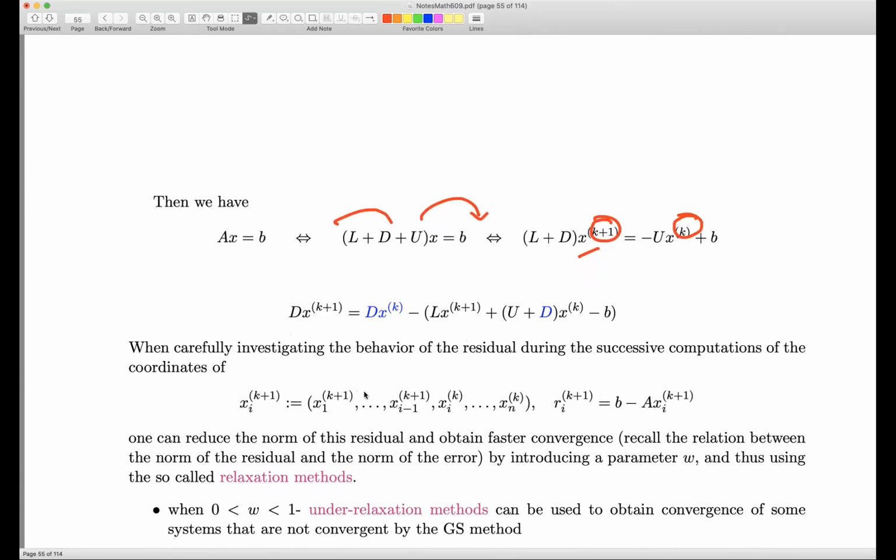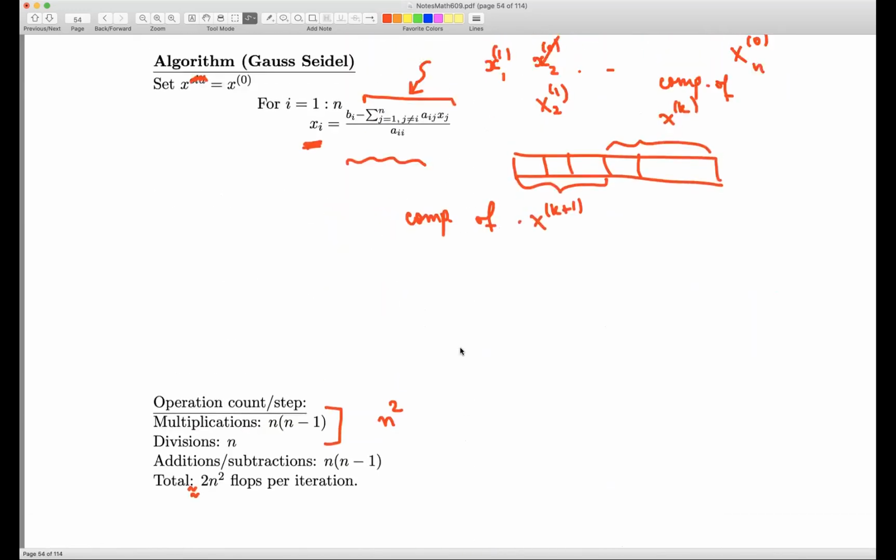When one investigates the behavior of the residual during the successive computations of the coordinates of the k plus first approximation x_i^(k+1), you remember, let me go back and explain what I mean.